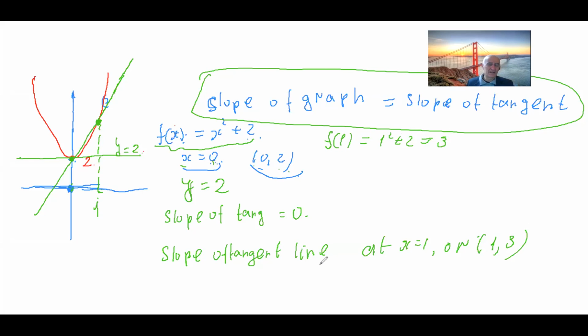Okay, now I think our problem is absolutely clear. And now please help me with an idea of how to find the slope of the tangent line. If we find the slope of the tangent line, it will also be the slope of the graph at the point x equals 1, or we can say at the point (1, 3).